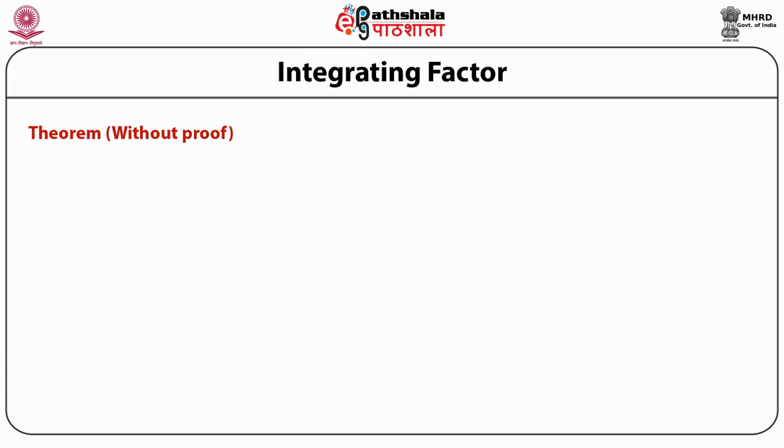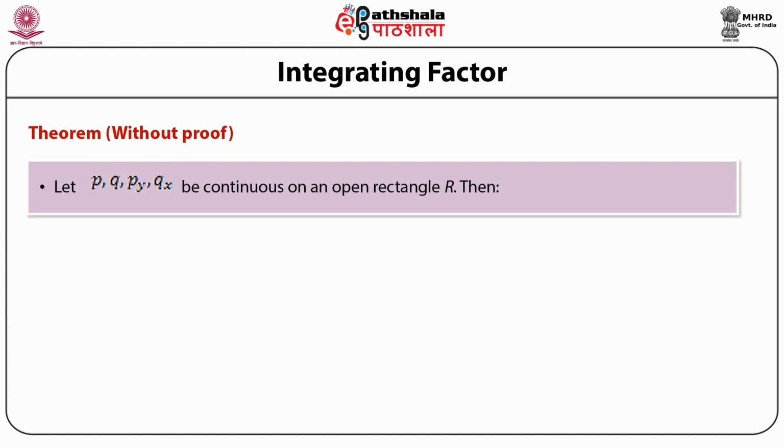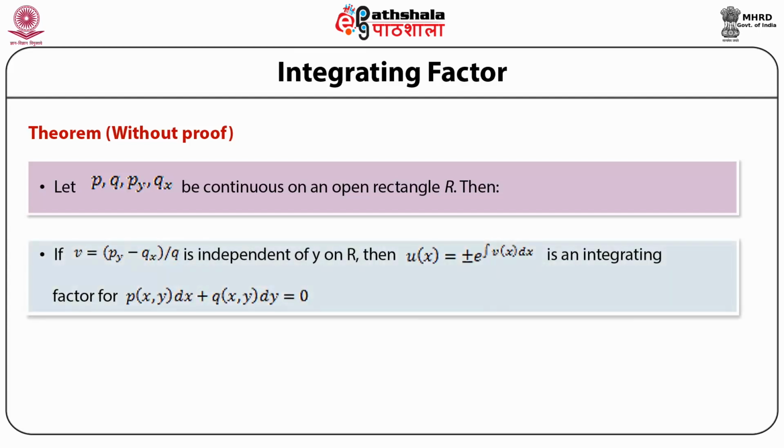The theorem is: let p, q, p_y, q_x be continuous on an open rectangle R. Then, if v is equal to (p_y minus q_x) divided by q is independent of y on R, then u of x is equal to plus or minus e raised to the power integral of v of x dx is an integrating factor for the equation p of xy dx plus q of xy dy is equal to 0 on R.